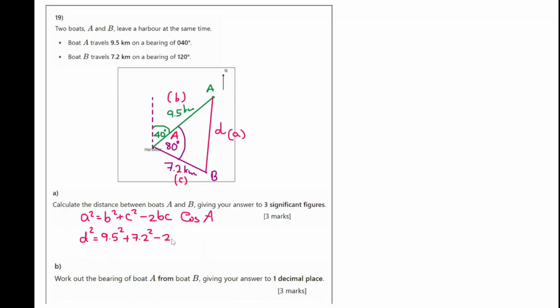Now to get D, all I need to do is square root this whole thing. So I'm going to type the square root sign and all of this. So here I get 10.87818... Then I look at the question, it clearly says to give to 3 significant figures.